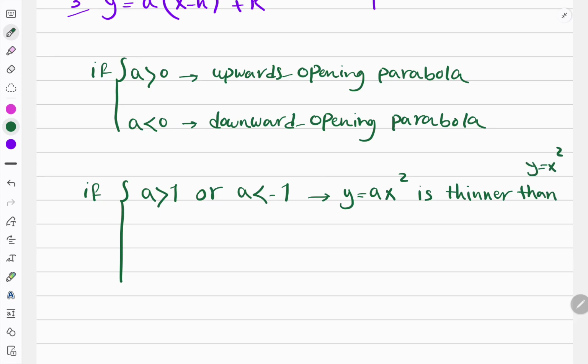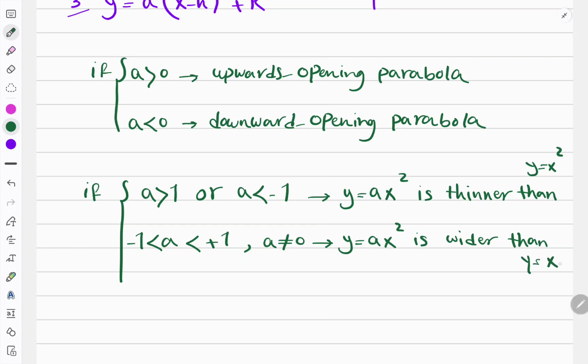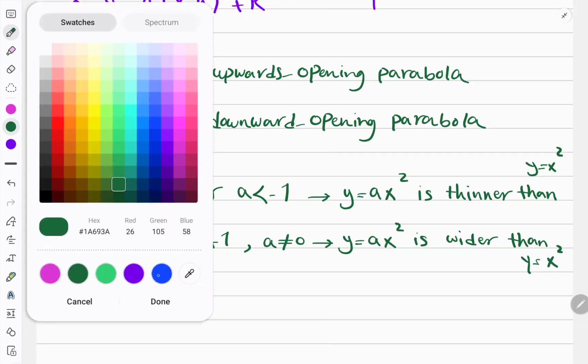I'm going to show you by an example. And if a is larger than -1 and less than +1, also not 0, y is wider than y equals x squared. Okay, I'm going to show you. We have an example.